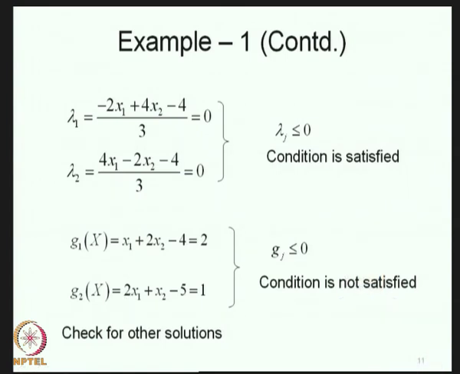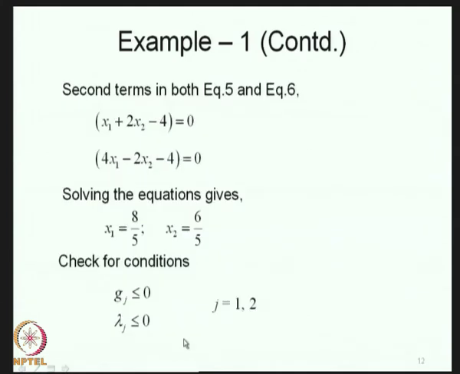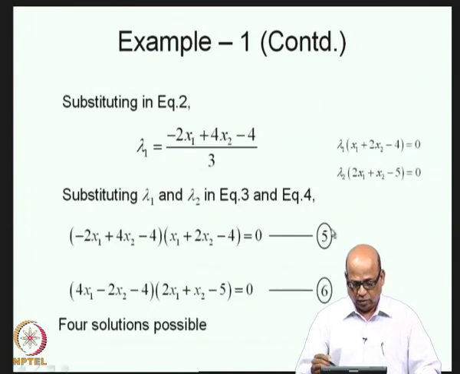In fact, even if this point satisfies all the conditions, we still exhaust all the solutions to examine how many stationary points we can obtain. So, this condition is not satisfied, therefore, we proceed to the next set of solutions. How do we obtain the next set of solutions? We take the second terms of equations 5 and 6. These are the equations 5 and 6.